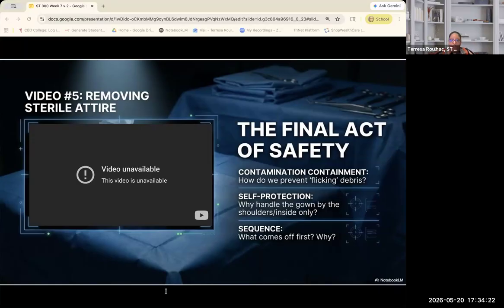So you pull from the waist, you pull from the shoulders, pull down, roll, and then remove your gown. A lot of people will remove the gloves at the same time. A lot of people will keep the gloves on to clean up their sterile field, and then go skin to skin, glove to glove. Okay? That is the proper way so that you're not bringing all that stuff all over your body.